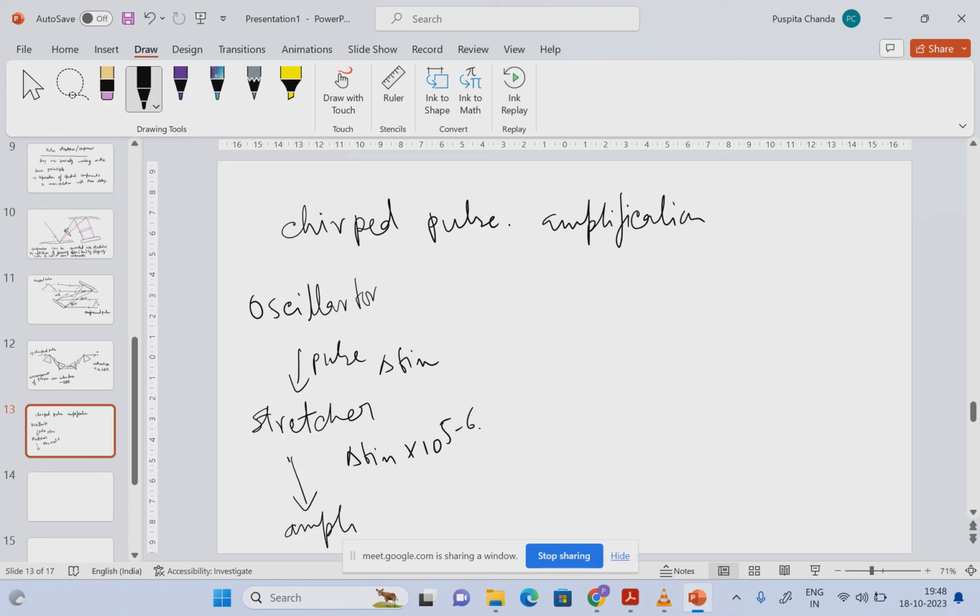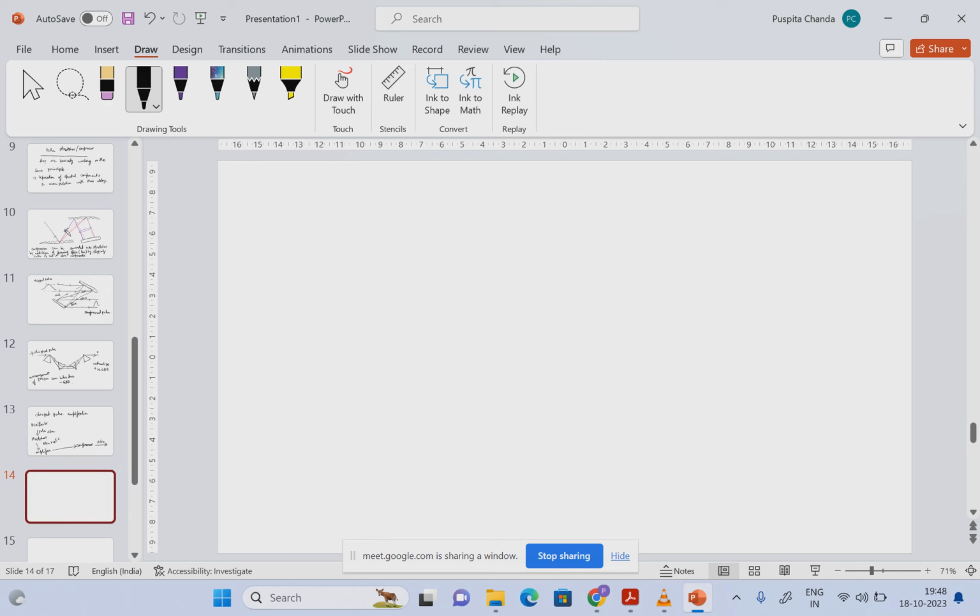Then it is fed to the amplifier, which amplifies the pulse. Then it is fed into a compressor. After that, we get the delta T in pulse width again.